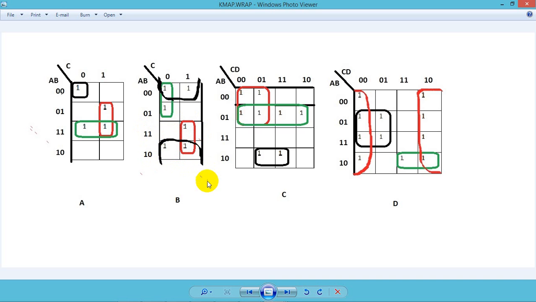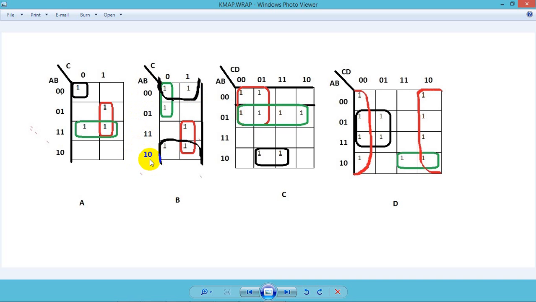Now talking about the wrapping. If you want to wrap in a K-map, it means we are going to take this row and this row into consideration. So moving from 0 0 to 1 0, it means the A has changed. A has changed from 0 to 1, so we knock it out. Then we consider the B side, which was 0 and it moved to the same 0.